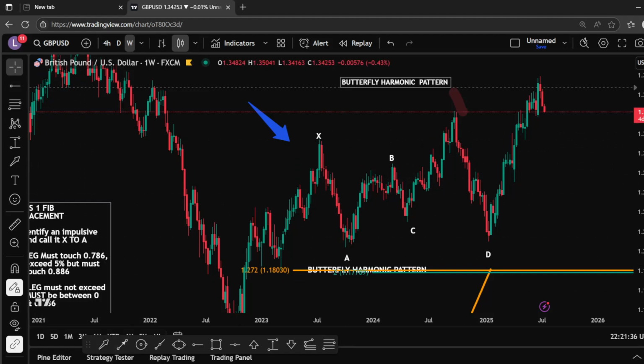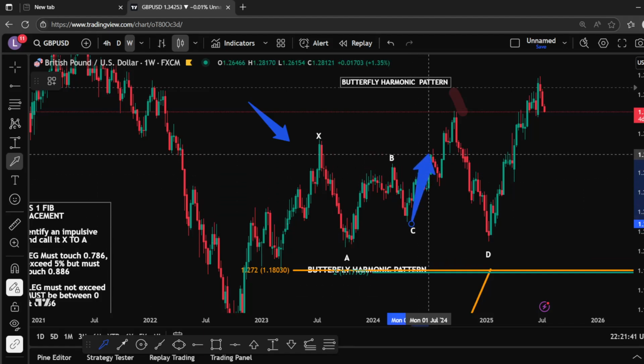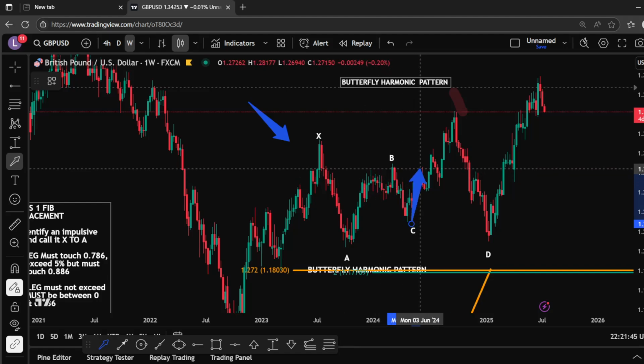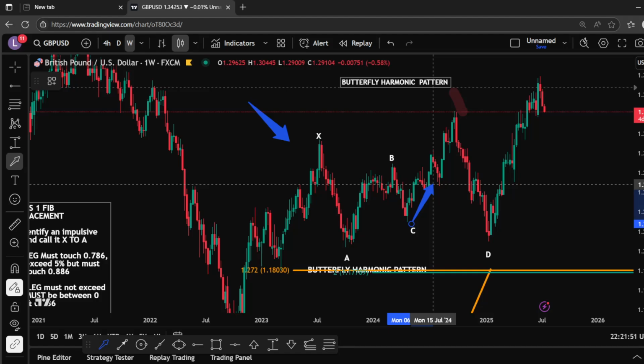So once you start seeing this rally to the upside, yeah, and then we break above the B right here and close, this is when you start to look for where your D would terminate.